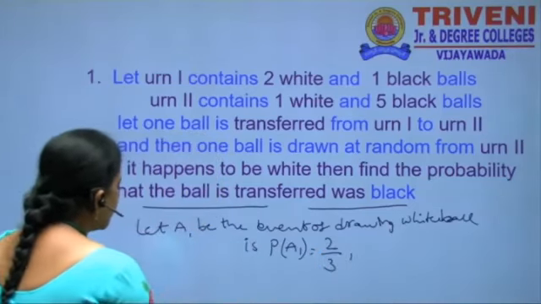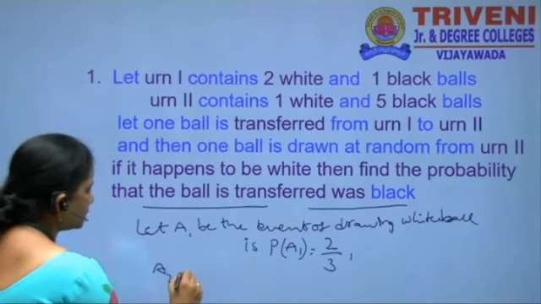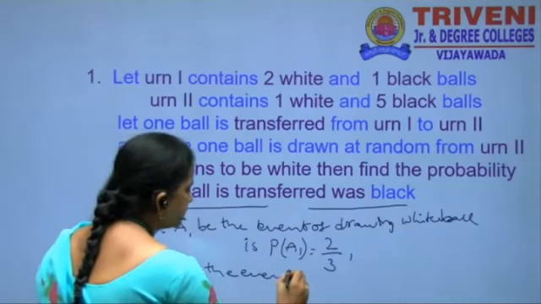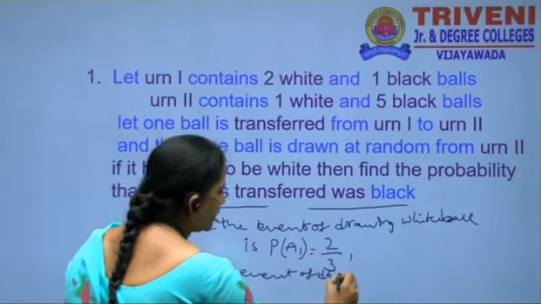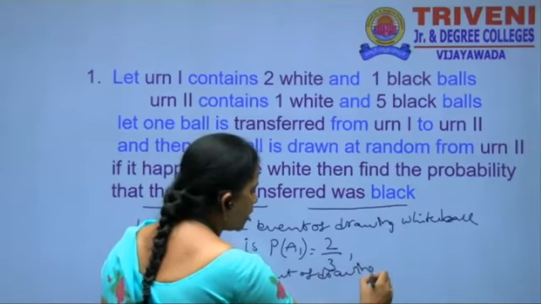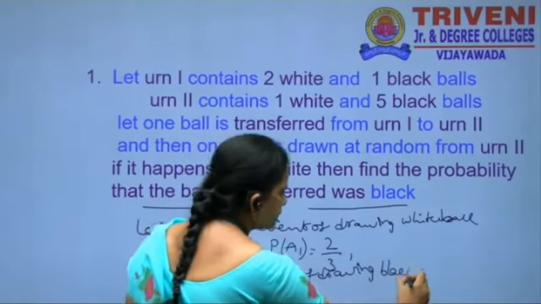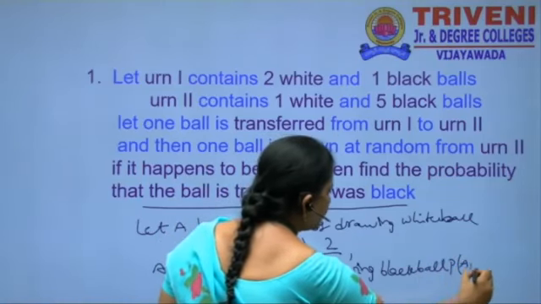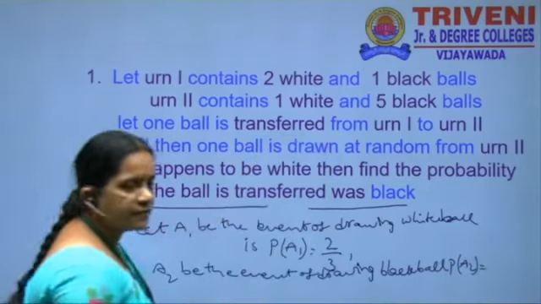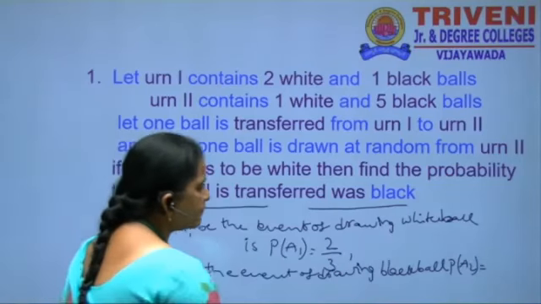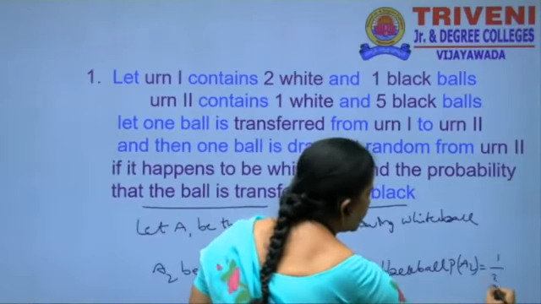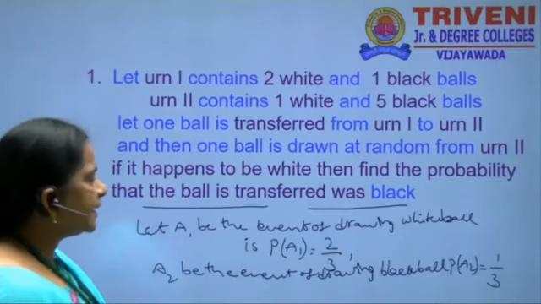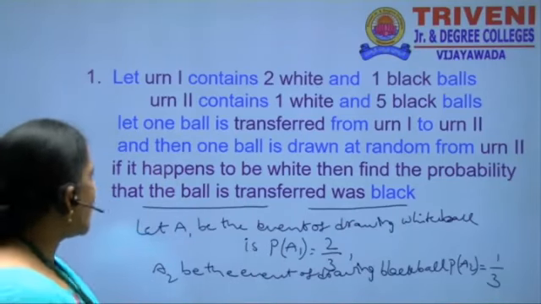And A2 be the event of drawing a black ball. P of A2 is equal to, how many black balls are there here? Only 1, but total balls is 3. And then bag 2 contains 1 white and 5 black balls.